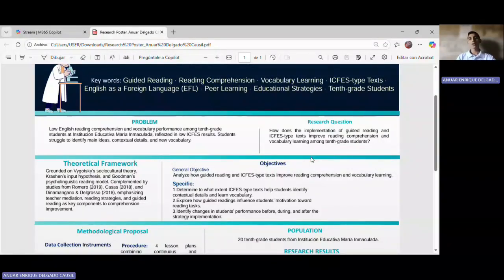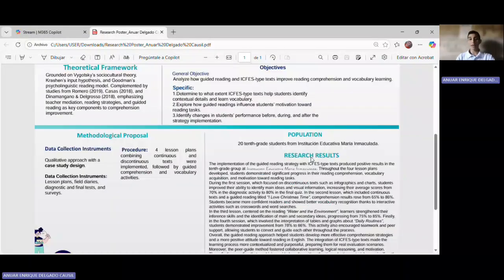Well, according to the literature review, I am going to mention three authors specifically. Vygotsky, 1978, who highlights the importance of social interaction in education and learning.